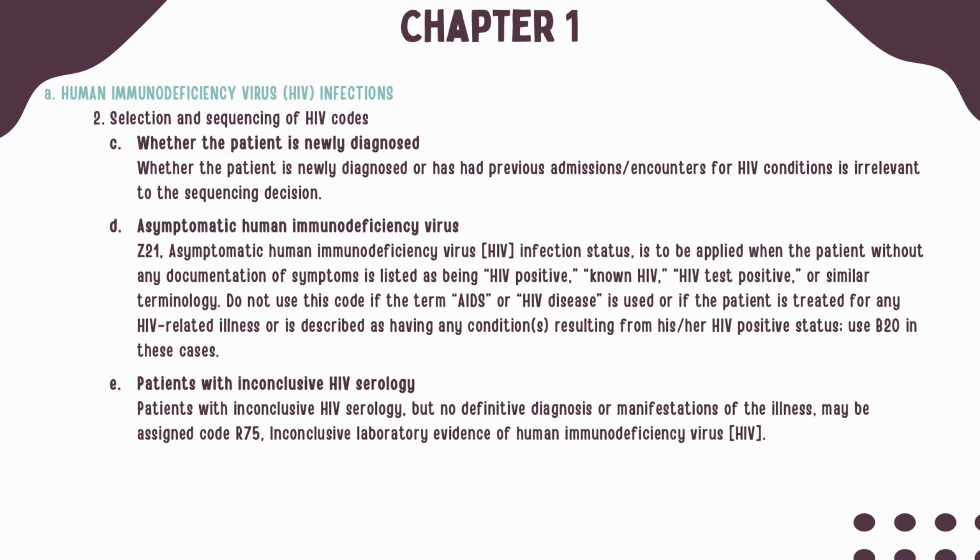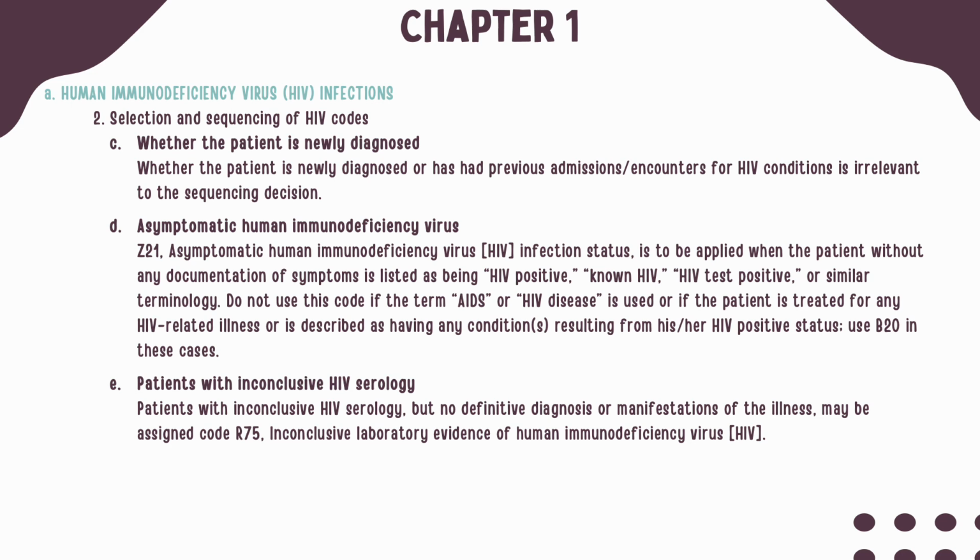The second topic covers selection and sequencing of HIV codes. Regardless of when the patient was diagnosed with HIV, the time frame is irrelevant to the sequencing of the decision. If the patient is asymptomatic or the provider states HIV positive, known HIV, HIV test positive, or any other similar terms, code Z21 should be assigned.